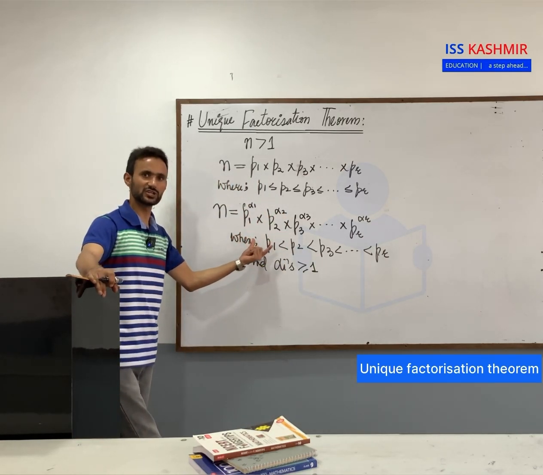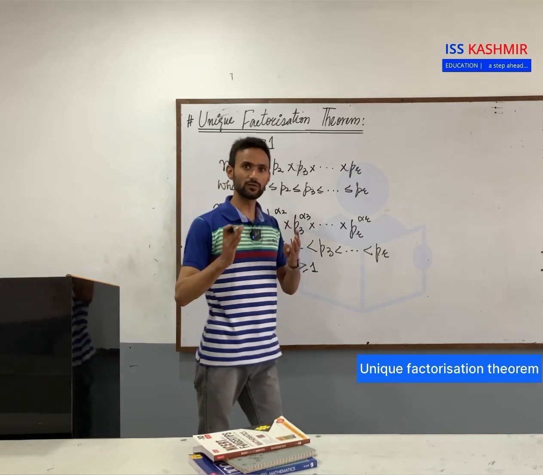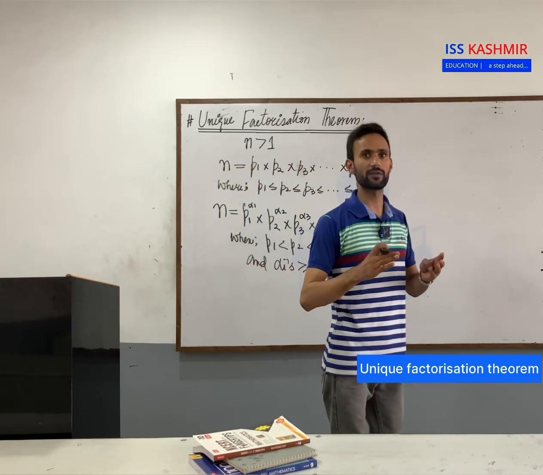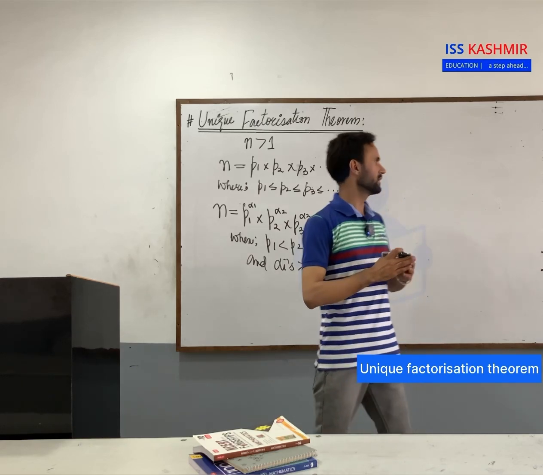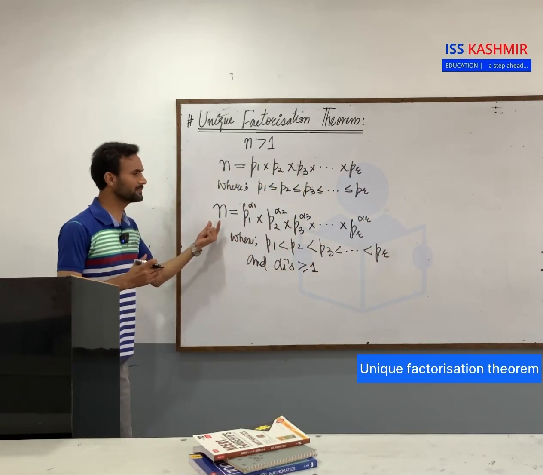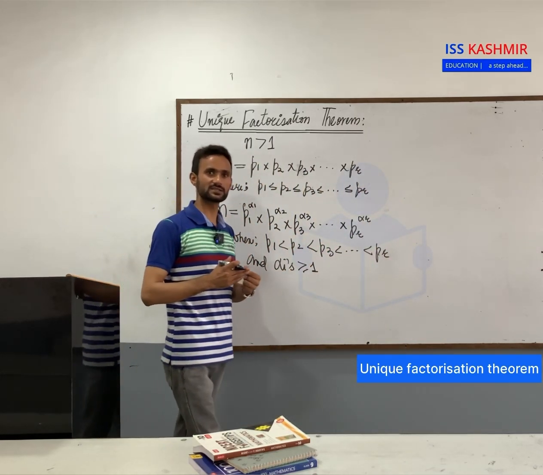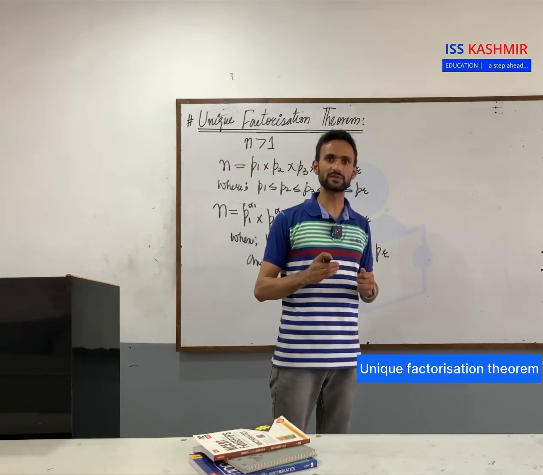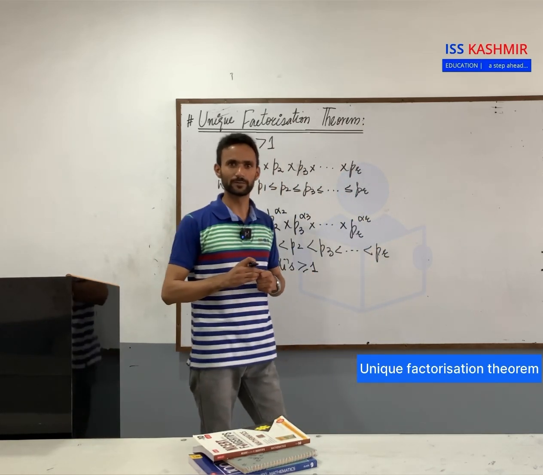This representation is known as the canonical form or standard form of a positive integer. Now, sometimes for our convenience we equate the exponent of some prime to 0.